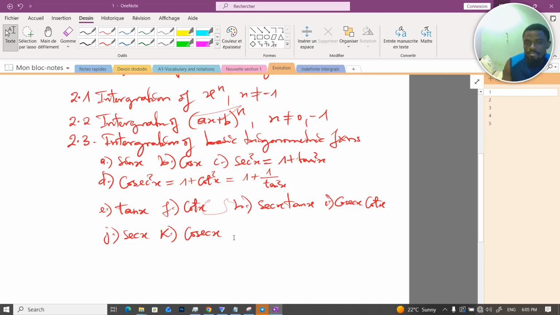Formulas you are to remember. You need to be capable of recalling these formulas anytime you are asked to. In some situations, like integrals of sec square, cosec square, tan x, cot x, sec x tan x, the proofs of these formulas we shall see in the next upcoming videos.